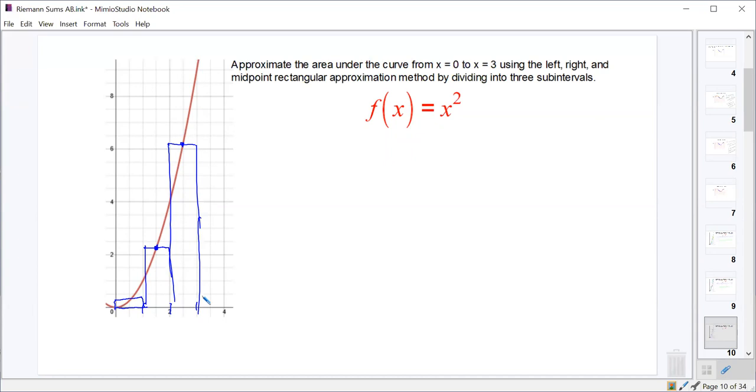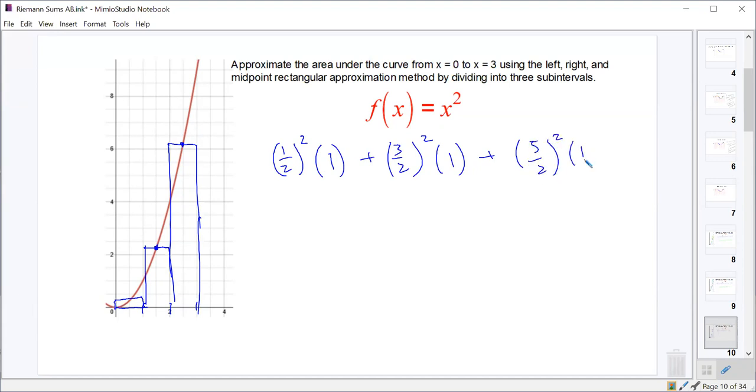So what's the height of the first one? It ought to be 1/2 squared, right? Times the width. The second one ought to be 3/2 squared times the width. And the last one ought to be 5/2 squared times the width. Everybody good with that? Cool.